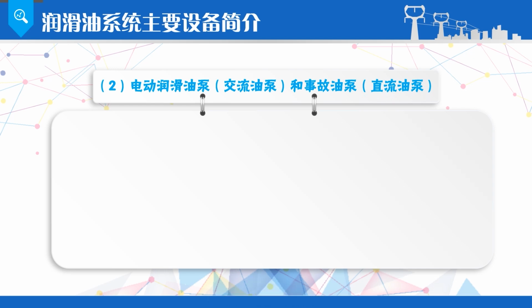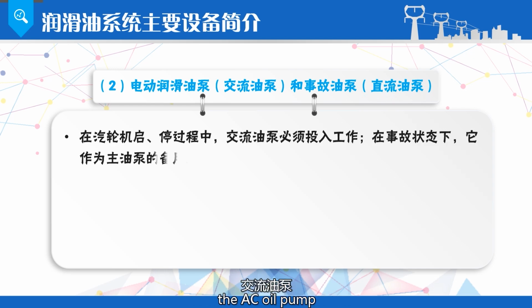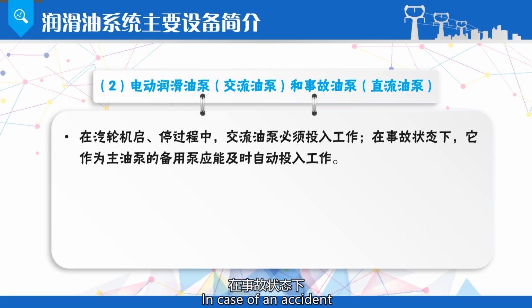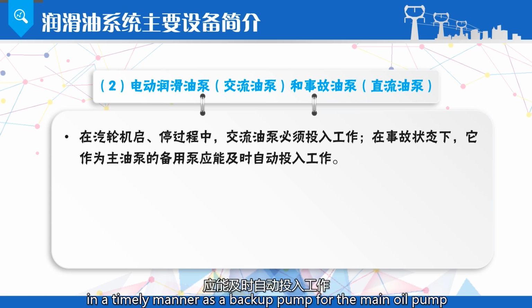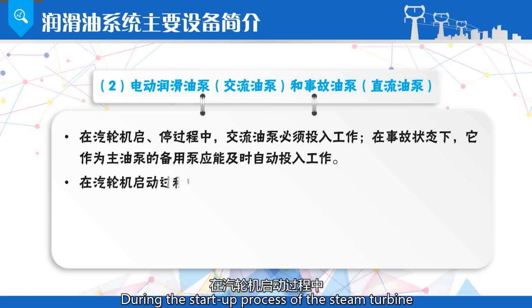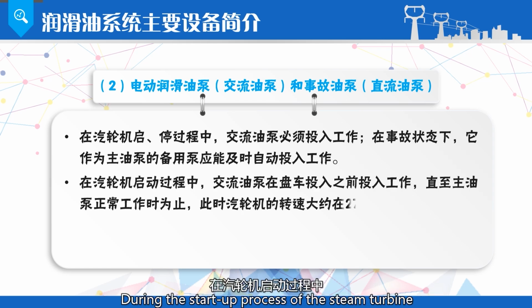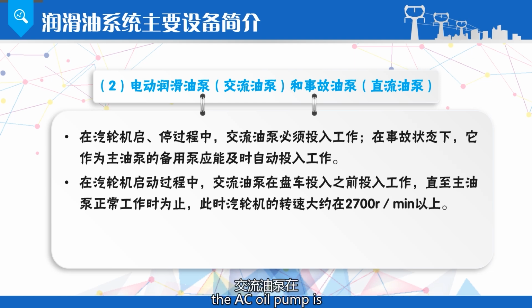During the startup and shutdown of the turbine, the AC oil pump must be put into operation. In case of an accident, it should be able to start automatically and in a timely manner as a backup pump for the main oil pump. During the startup process of the steam turbine, the AC oil pump is put into operation before the turning gear is put into operation, until the main oil pump is working normally.